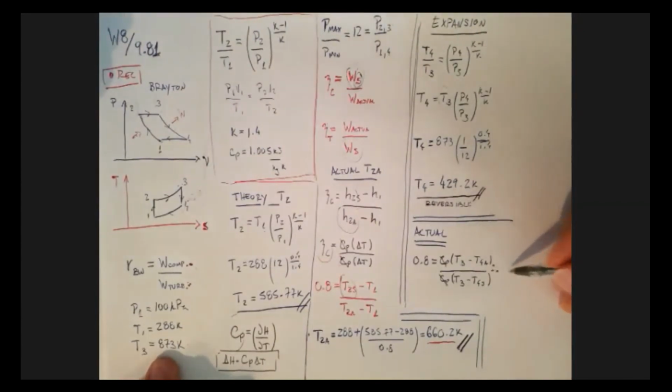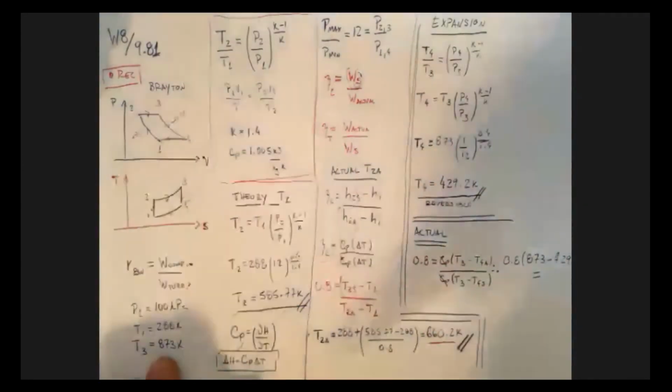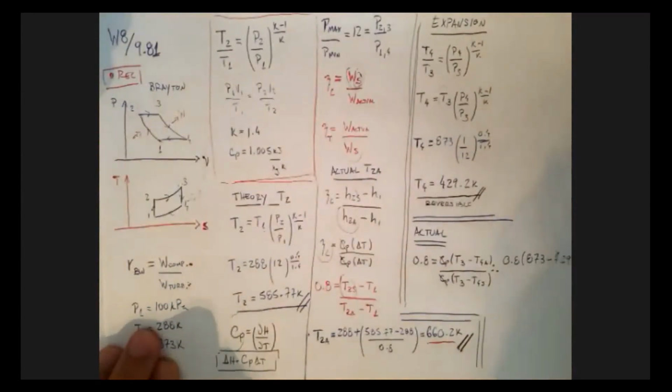So therefore, 0.8 times (873 minus 429.2) will be equal to, I'll put the equal on the bottom here, so my page is not being cut. But this guy equals T3 minus T4.